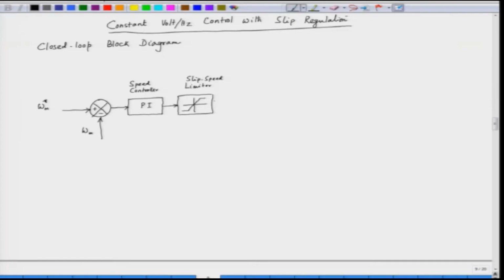If we want to decrease the torque, we decrease the slip speed. So, our key control variable here is the slip speed. If you want to increase the current, increase the slip speed. If you want to decrease the current, decrease the slip speed. So, when we limit the slip speed, we are basically limiting the torque and current. The output of the slip speed limiter is the reference value of the slip speed, omega SL.